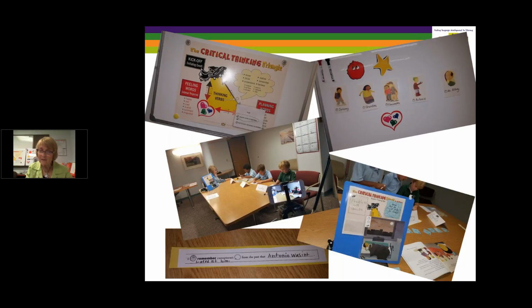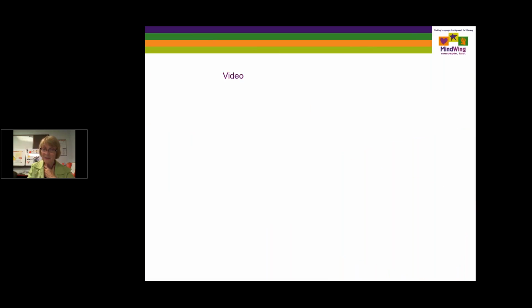And here they are, the boys with me at the table doing their activity. We have a sentence frame completed at the bottom where Frankie wrote that Jeremy remembered that Antonio wasn't laughing at him.